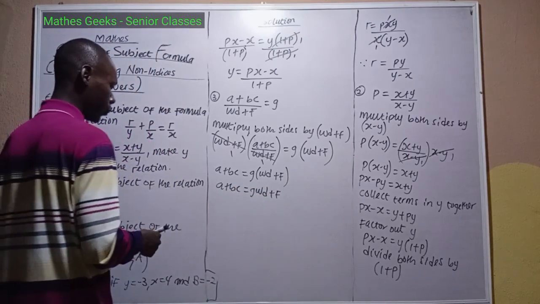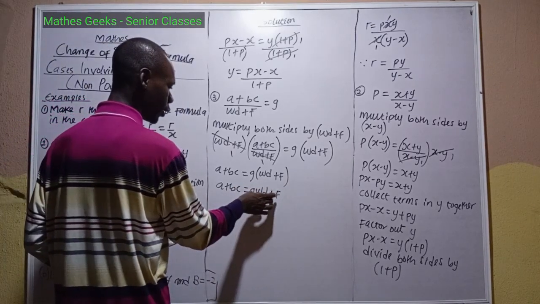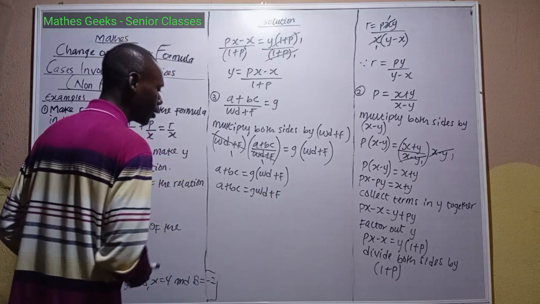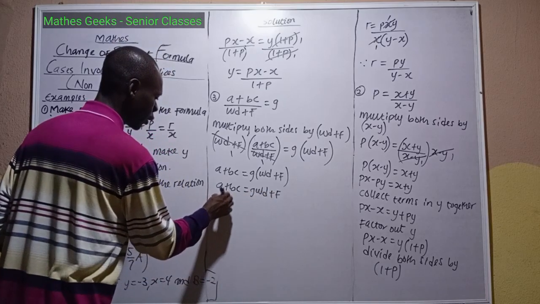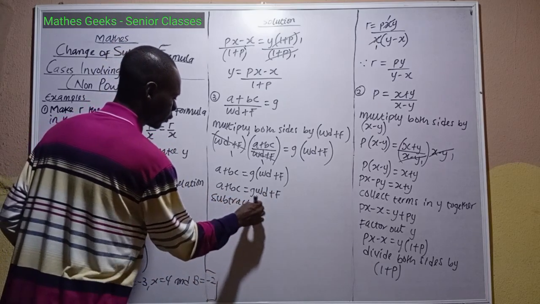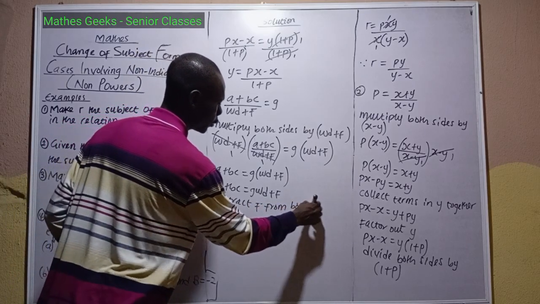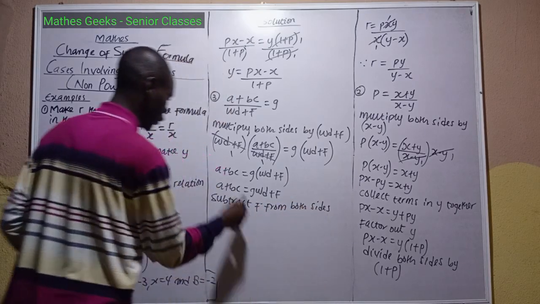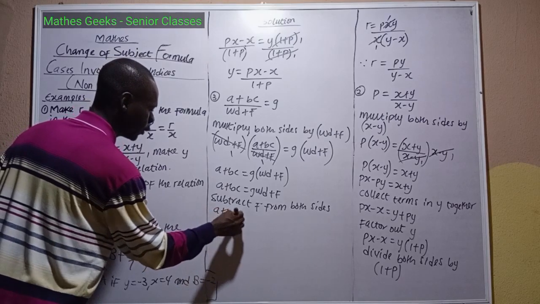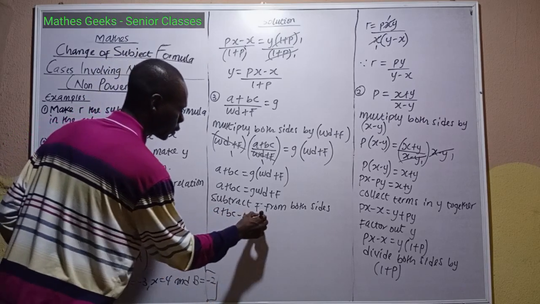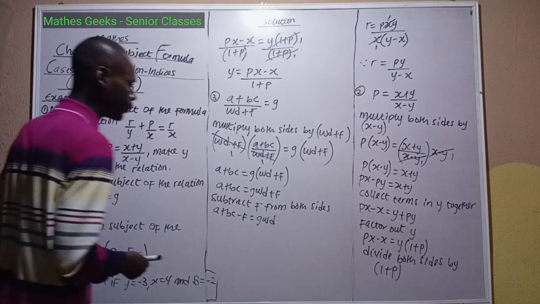What we want to make the subject of the formula is here and is joined to gf by addition. So let's eliminate gf. Subtract gf from both sides. So a plus bc minus gf equals gwd.